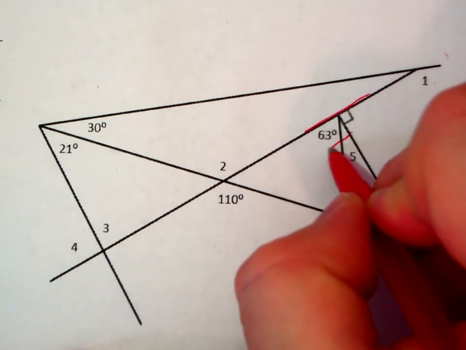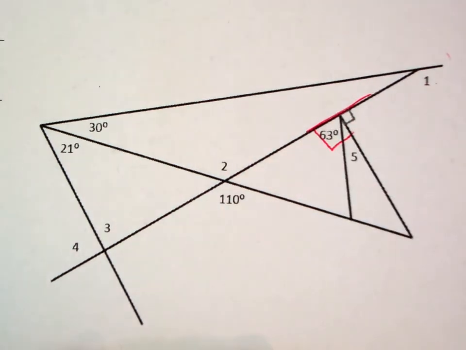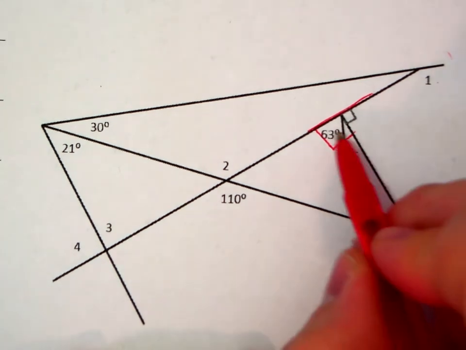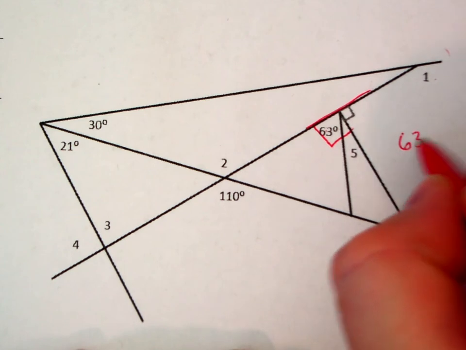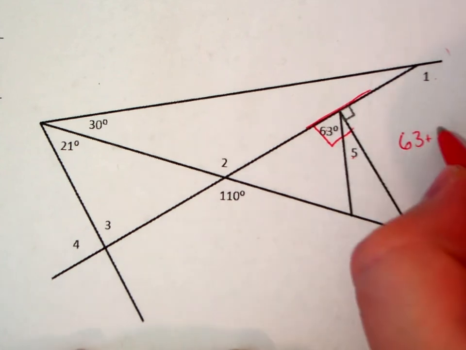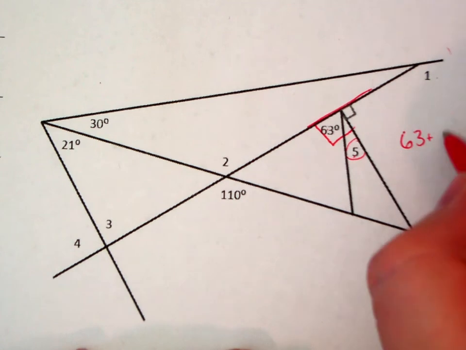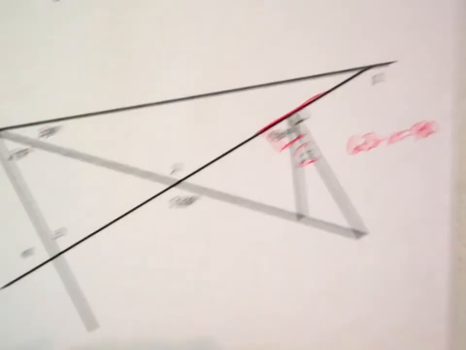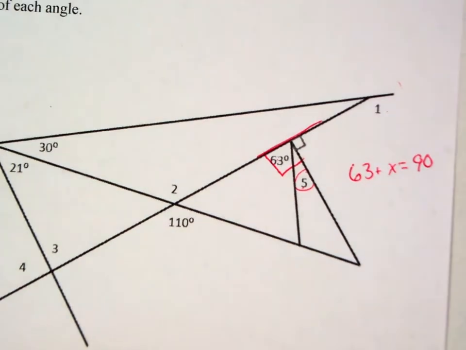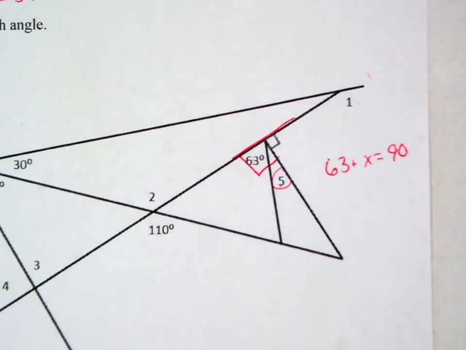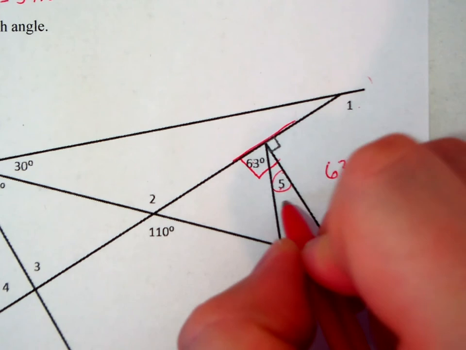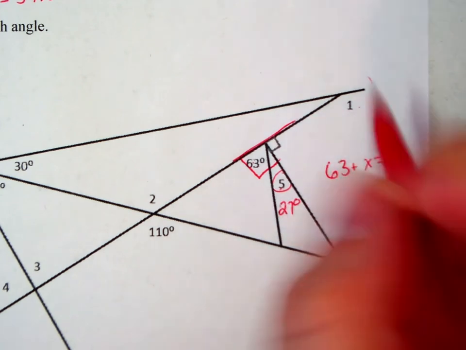And so this combination of angles would also form a right angle, which would make them complementary. 63 degrees plus angle number 5, which I will call x, has got to equal 90 degrees. So now I subtract 63 from 90, and I determine that my angle number 5 is 27 degrees.